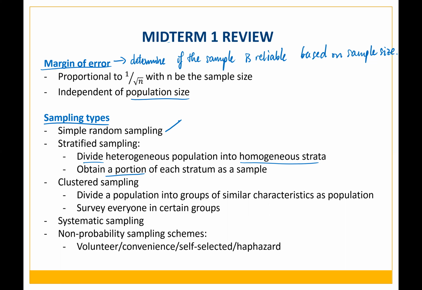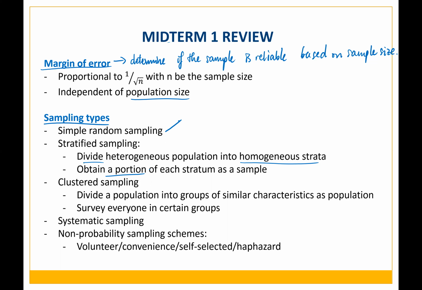So you just pick 1 or 2 groups and you survey everyone in those groups. So that's cluster sampling. So the big difference is that stratified sampling is going to survey just a small portion of each stratum, and in cluster sampling, you survey everyone in a group, but you only pick certain groups. While stratified sampling just surveys a portion of every group. So that's the main difference.